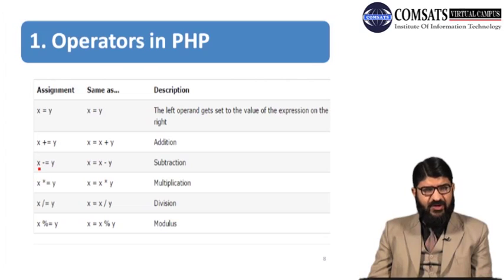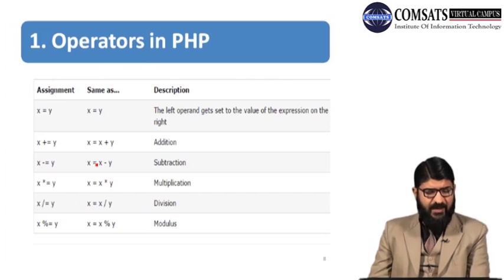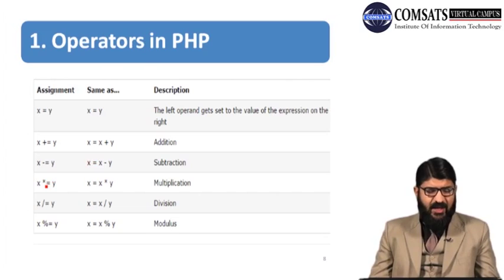The next one is subtraction. x minus equals y is the same as writing x equals x minus y. And x asterisk equals y is the same as x equals x asterisk y, which is multiplication. Then x divide equals y means x equals x divided by y.